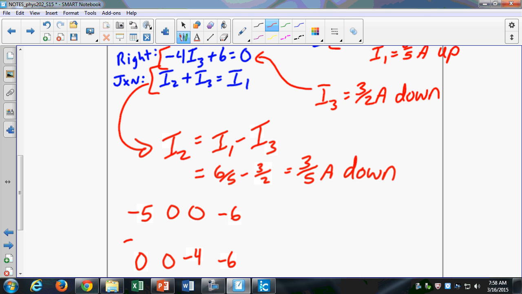And then negative 1, 1, 1, 0. That's this equation right here. And then you'll go and find the identity matrix using those rules that we did. There are only a couple steps here. You divide this one by negative 5, divide this one by negative 4, and then you would subtract this one from this one, right? To get rid of this one, and then subtract this one from this row. Using those negatives. Alright?